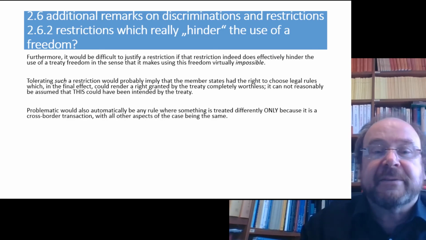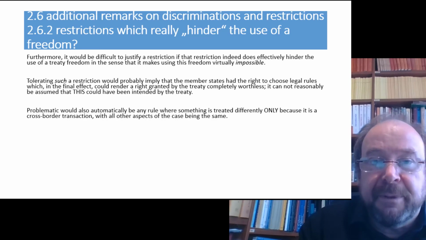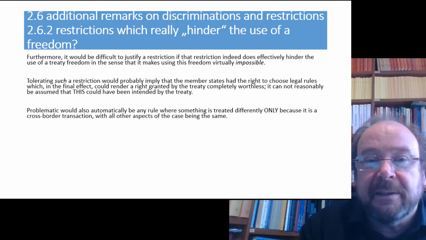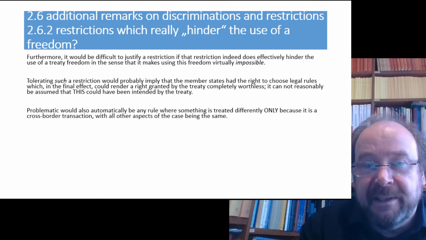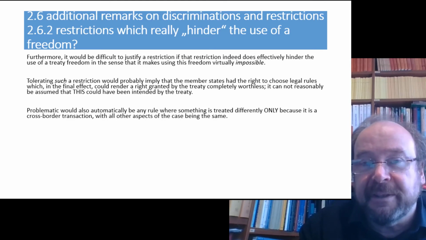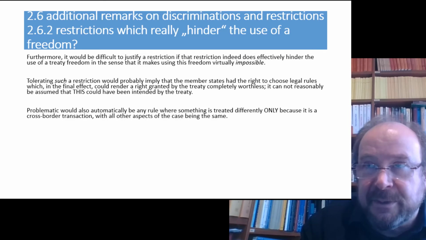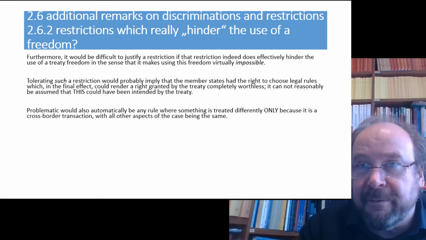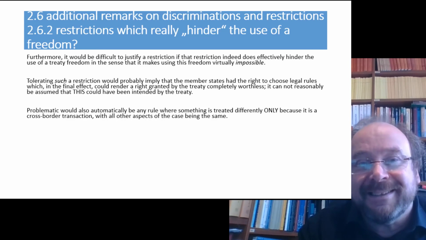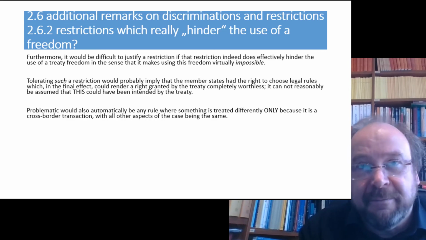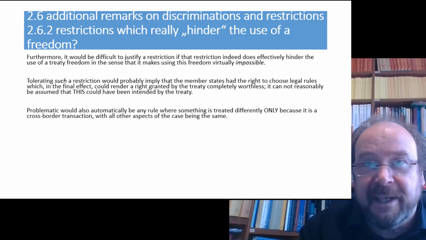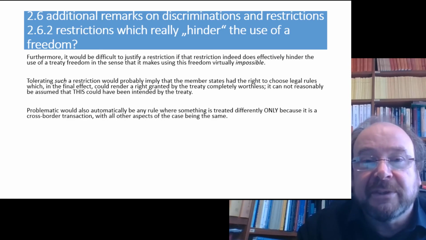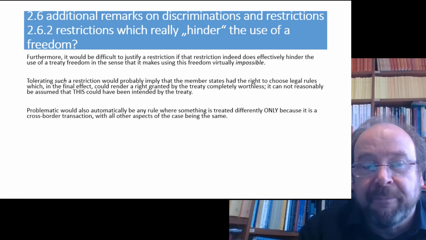There one has to debate, well, it might be that there could be a rule which really effectively hinders the use of a fundamental freedom, so which is so strict that it does not only make the usage of, let's say, freedom of establishment less attractive, but really makes it virtually impossible for the average citizen to make use of that freedom anymore.